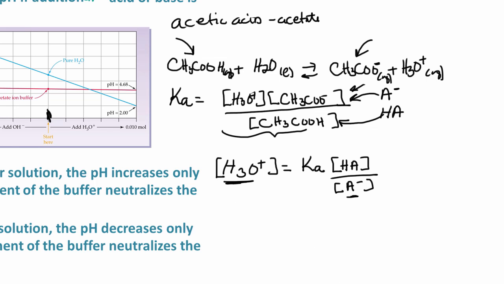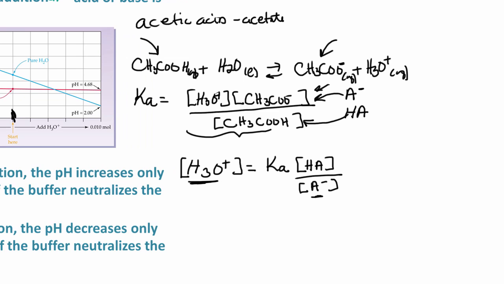Now, I'm going to do something with this equation. I'm going to take the logarithm of both sides of the equation. All right, so let's go ahead and do that. So I'm going to take the negative log of both sides of this equation.